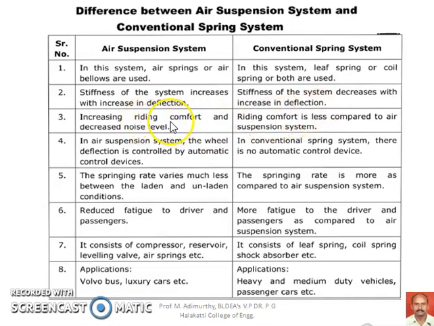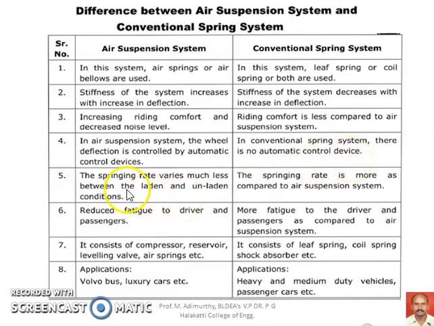Increased ride comfort and decreased noise level is one of the advantages of the air suspension system, and relatively riding comfort is less in the conventional suspension system. In air suspension system, wheel deflection is controlled by automatic control devices, whereas in the conventional system, there is no automatic control device.